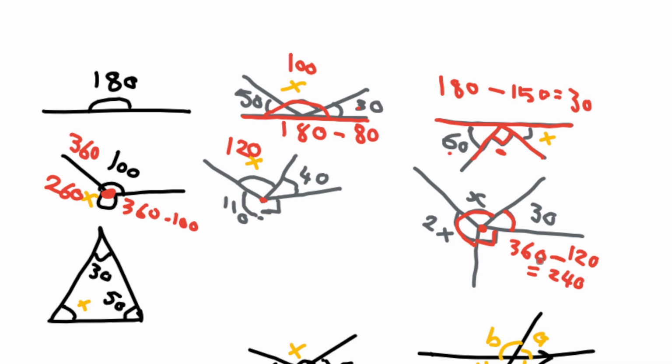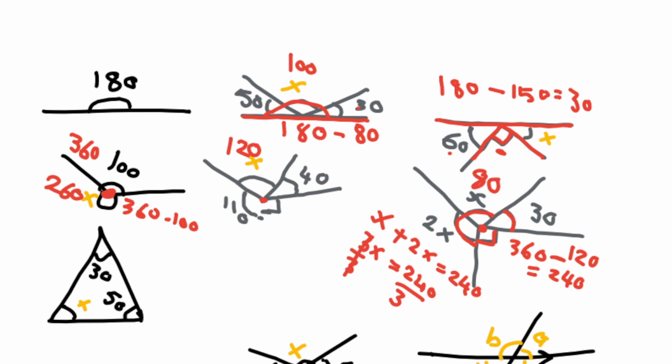240. Now that means x plus 2x, both together, make up 240, right? So x plus 2x is 3x equals 240. To find x, just divide by 3. And 240 divided by 3 is 80.